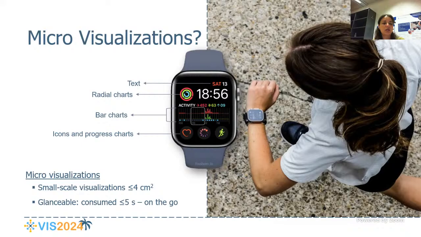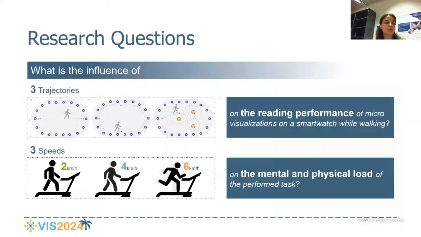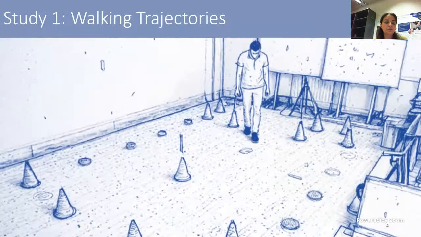And even though prior research found that these glanceable visualizations are more often used on the go, we still know little about how motion can affect reading performance with these microvisualizations. So for this reason, in our paper, we investigate the influence of 3 walking trajectories and 3 walking speeds on the reading performance of microvisualization on a smartwatch, also on the mental and physical load of the task in general.